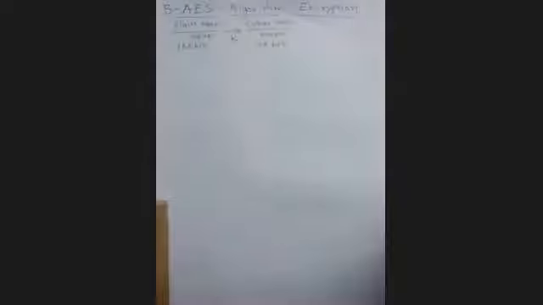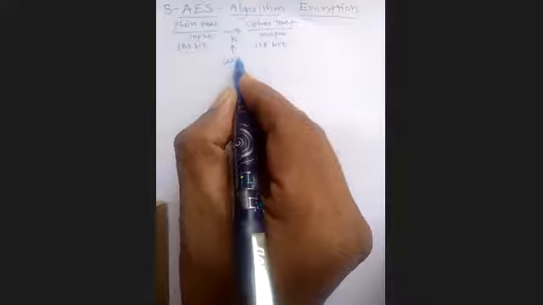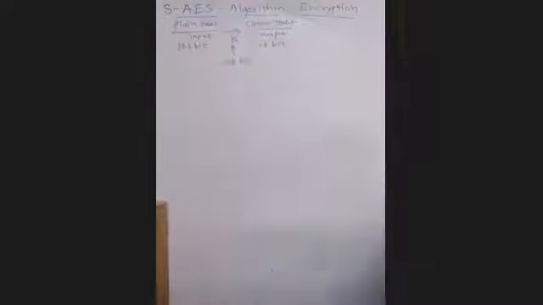I have used K as my key, and the key also is 128 bits. So this is the entire algorithm: the input is plain text, I use a 128-bit key to convert that plain text to ciphertext, and the output I get is 128 bits.